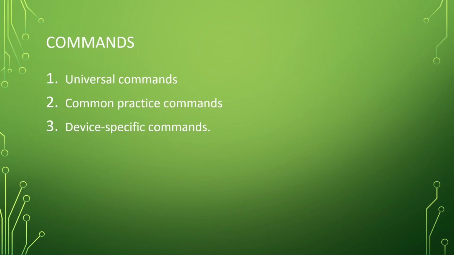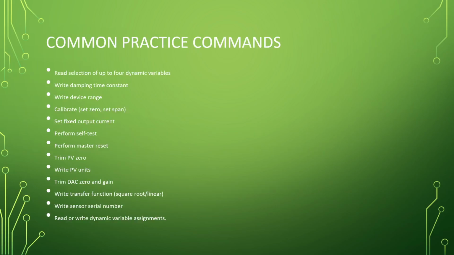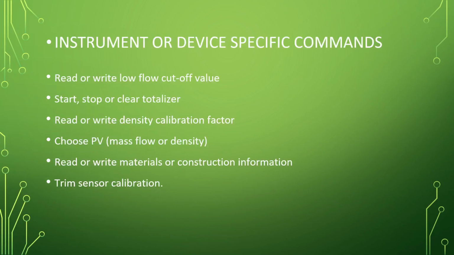And then you've got device specific, which would be like flow cutoff values, start-stop totalizers, density calibration factor, construction information, sensor calibration. So again, a lot going on there. And this is just showing you all those that I just talked about. There's the universal, the common, and the more device specific.